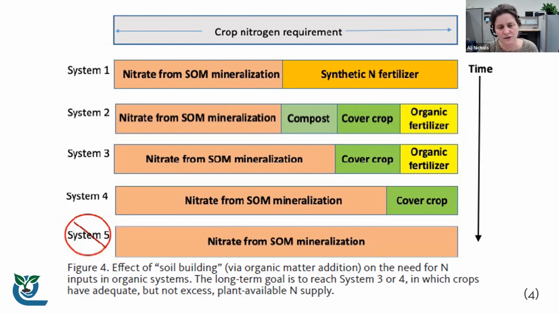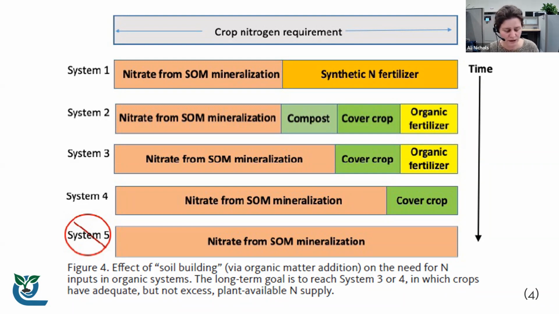It'll continue to mineralize and release nitrate all the way till the end of summer. And so you may find yourself in a situation where you're producing a lot of excess nitrate that can be lost and leached out of your system in the fall when the rains come, and that can present problems for water quality, of course.